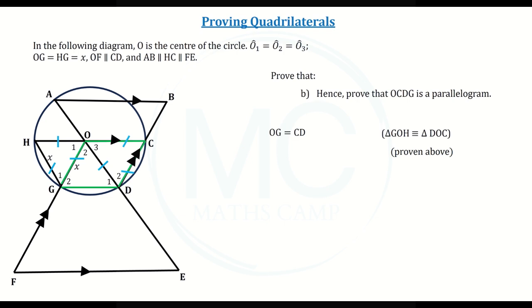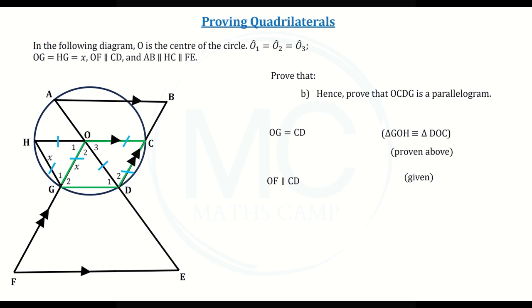Now, the question tells us that OF is parallel to CD and OG sits over here on OF. So now we can say that OF is parallel to CD, and we know this because this has been given to us in the question.